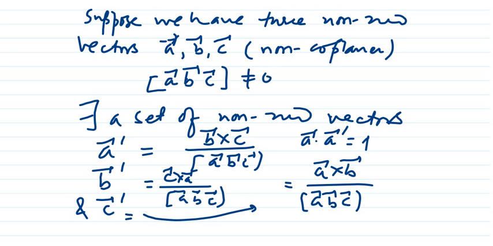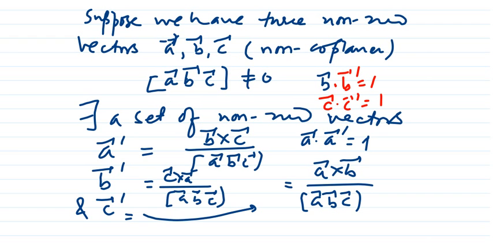Suppose A and B are two real numbers, then B is equal to 1 upon A, meaning B is the reciprocal of A. The same sense is here: the dot product of these two vectors is 1. Similarly, we can prove that B dot B dash is 1 and C dot C dash is 1.